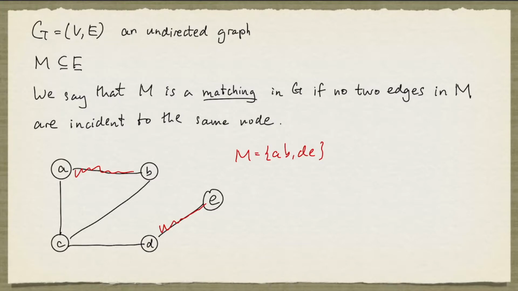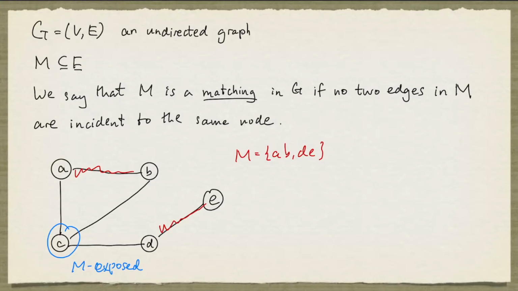Given a matching, we can categorize the nodes into two different categories. If a node is not an end of a matching edge, then we call it M exposed. For example, the node C here is M exposed. The remaining nodes are called M covered.